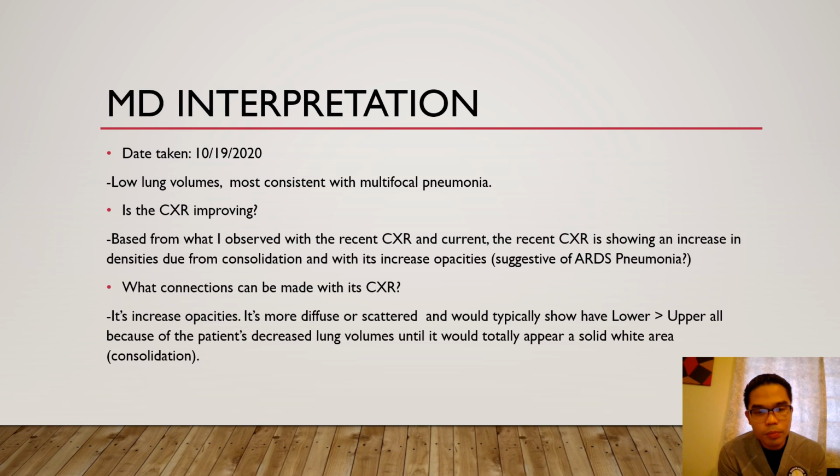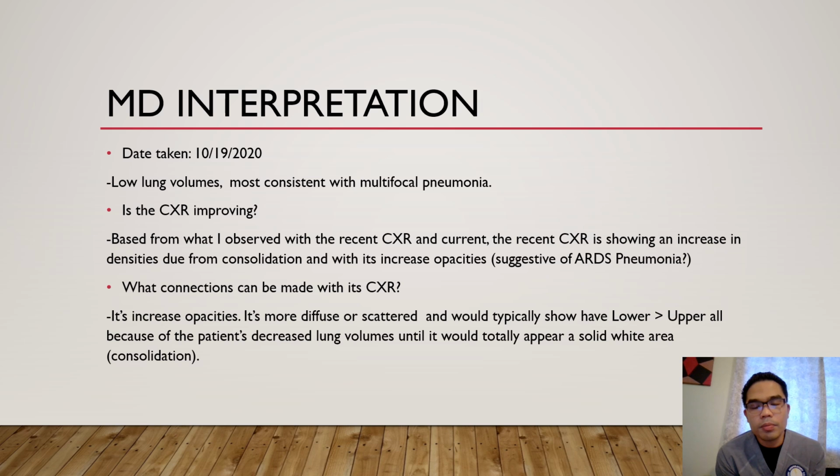So other clinical proof is the chest X-ray. So taken on October 19, it said low lung volumes consistent with multifocal pneumonia. So is the chest X-ray improving? From what I observed from the recent and the previous one, there is a specific increase in densities due to the consolidation with increased opacities, meaning I can suggest that the patient could have ARDS, pneumonia.